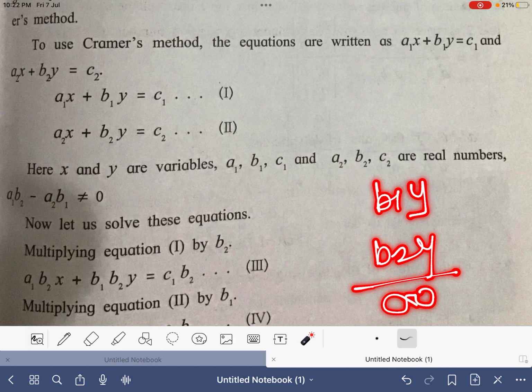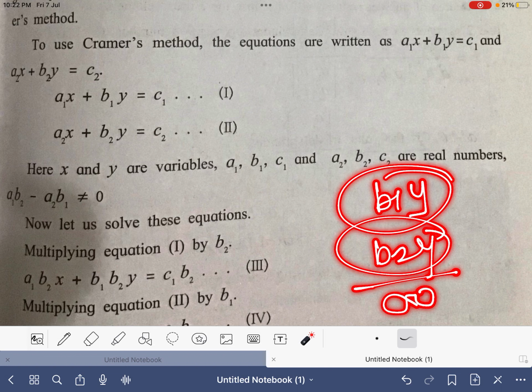So for that we have to modify these two equations in such a way that the coefficient of y is b1 b2 in both equations. In the first equation we make a change so that the coefficient of y is b1 b2, and in the second also we modify the equation so that the coefficient is b1 b2.